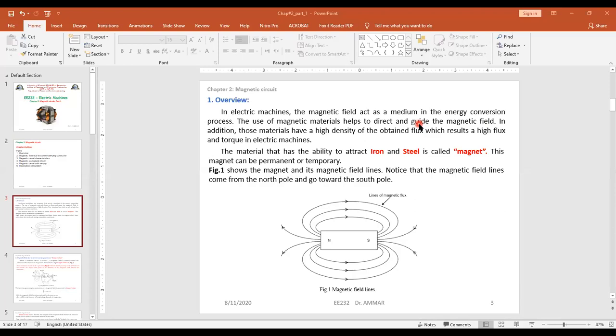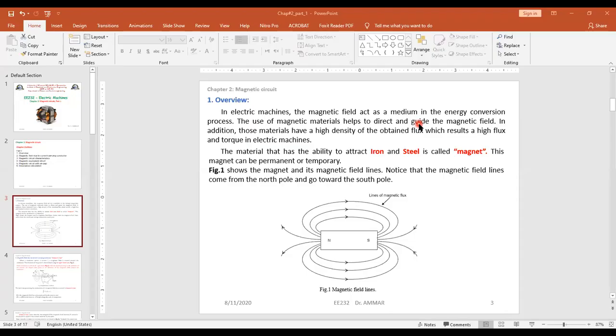But in order to guide this magnetic field, I give you an example, like water. When we have water on the ground and we want to guide this water, we use a tube or channel or anything like this in order to guide that water. The same thing applies to the magnetic field.